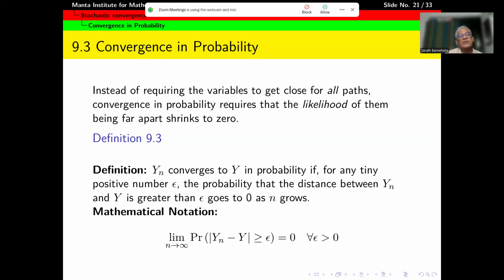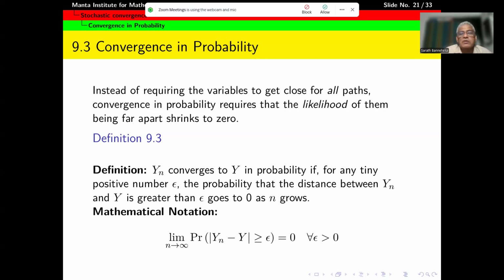But in convergence in probability, we are looking at a different kind of thing. Here the notation has changed. Instead of X_n, I'm using Y_n, and suppose there is another random variable Y. First let us look at the definition, and then we can discuss the meaning of it.